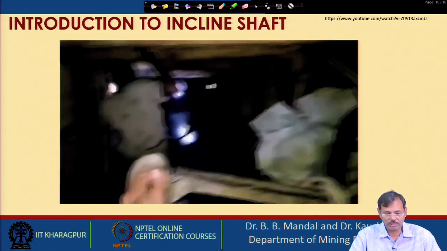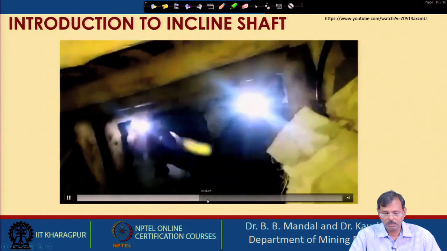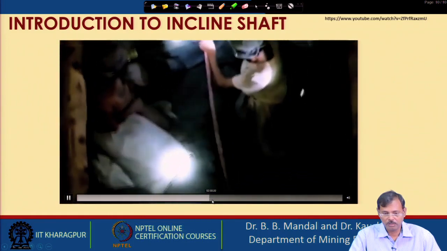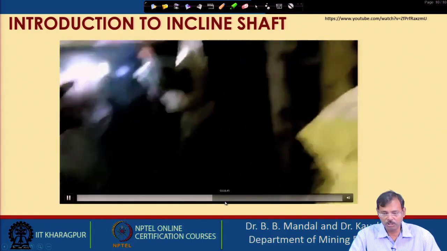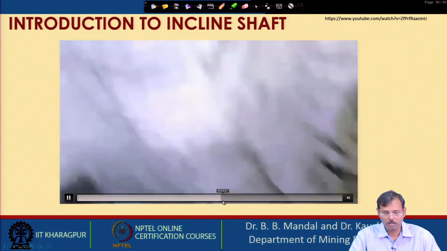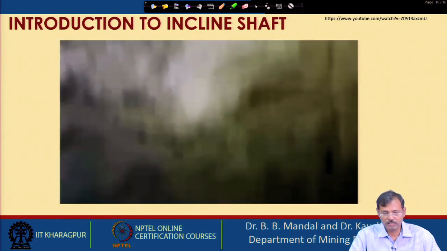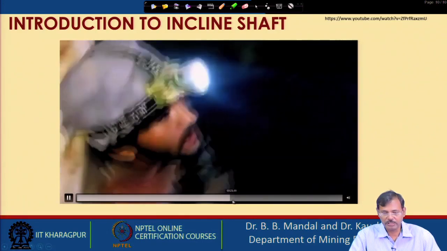Then from the skip you can see the face operation is going on. And this is an extremely manually operated face.